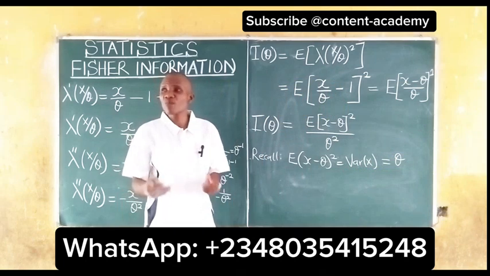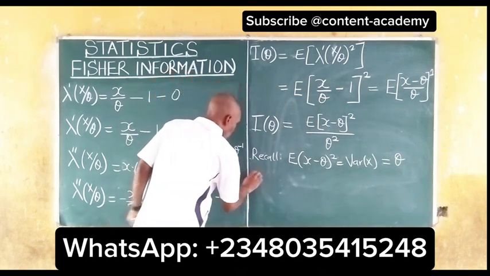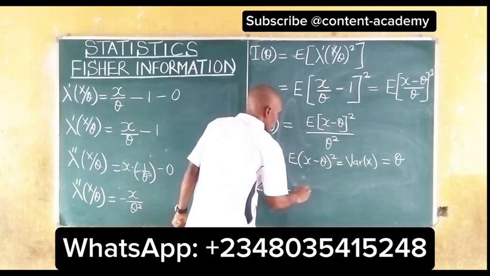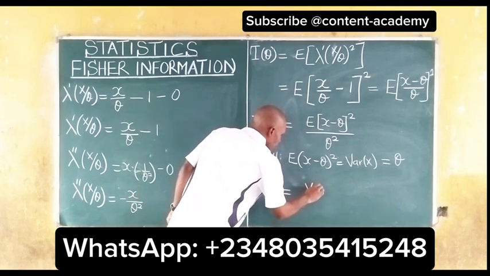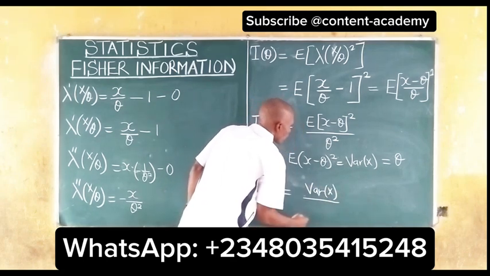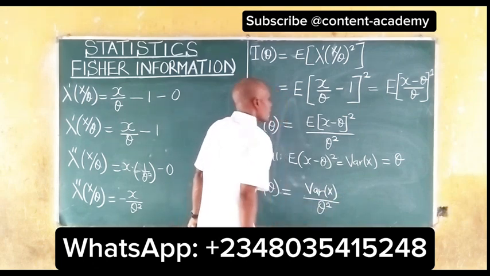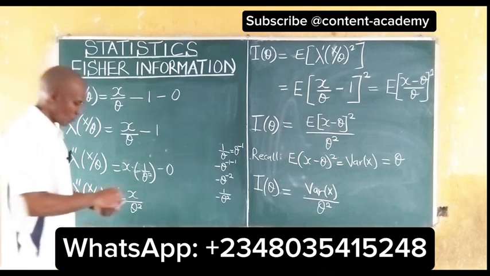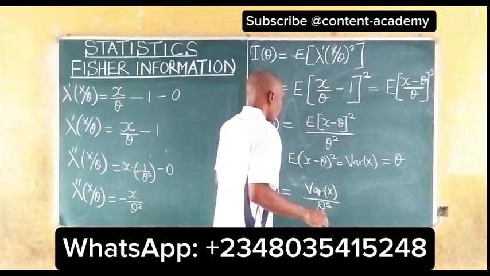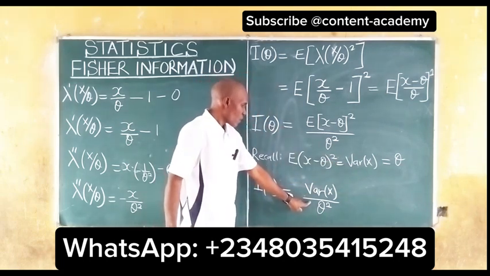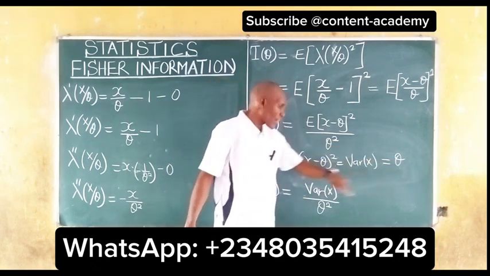That means if you are using a single parameter of theta, we can write our Fisher information to be equal to the variance of x all over theta squared. So we also note that our variance is equal to theta.